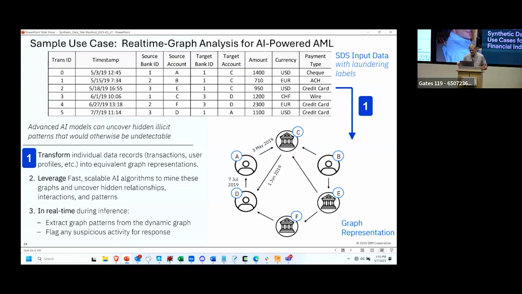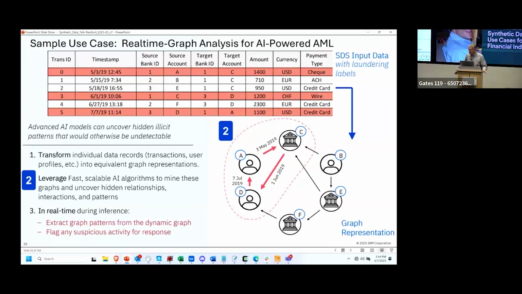There are decorations on these nodes and edges, things like dates, how much money is transferred, how frequently various amounts of money are transferred. There are a lot of decorations you can put on these edges to better understand what graph patterns are unusual among legitimate activity, but maybe more common among money laundering. And that's exactly what you've got here.